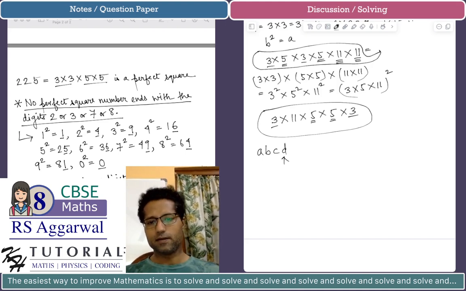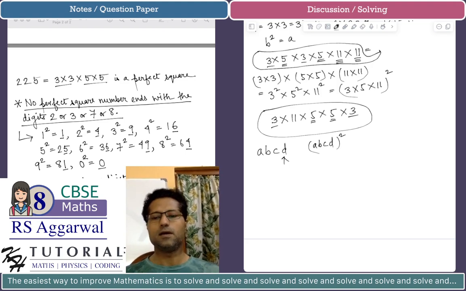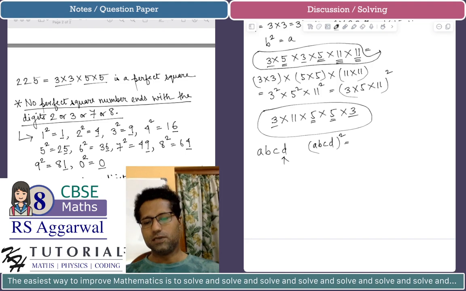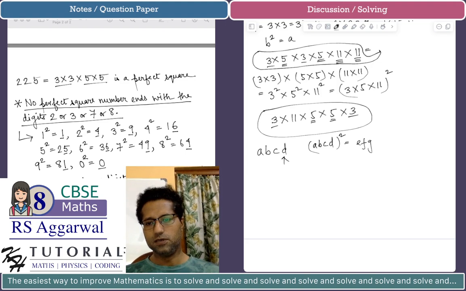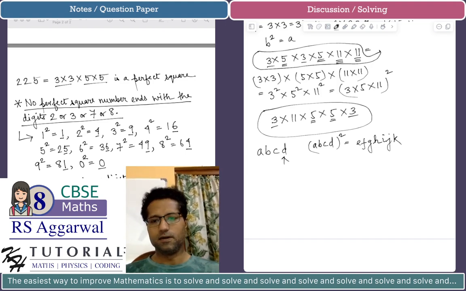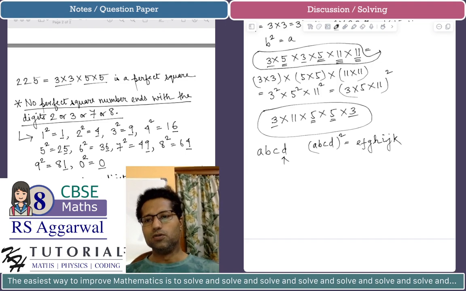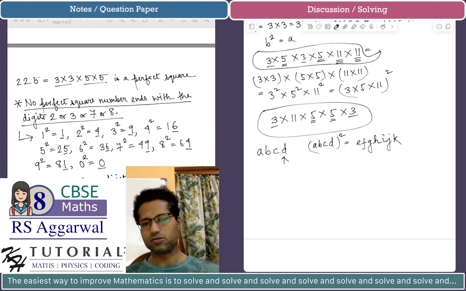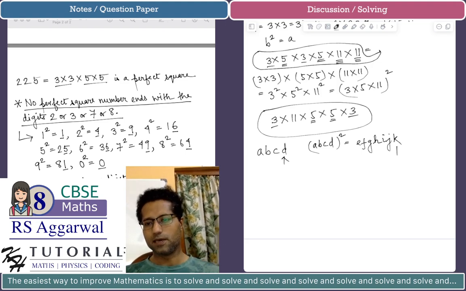Now if I take the square of this number, let's say the square is a 7 digit number, E, F, G, H, I, J, K. I'm just taking an example. So in the number after squaring ABCD, which is E, F, G, H, I, J, K, the digit at the units place is K.